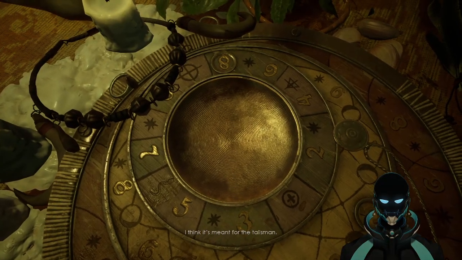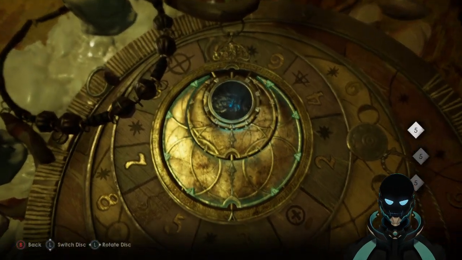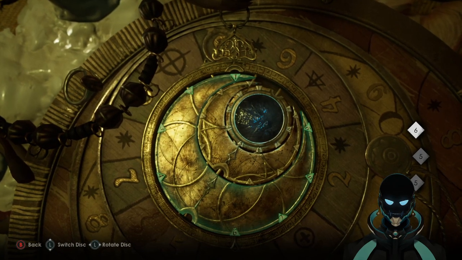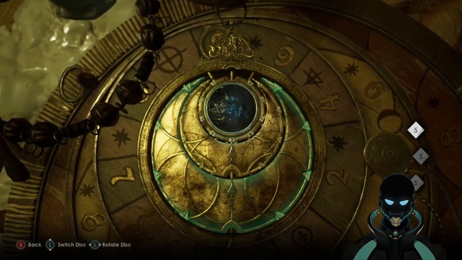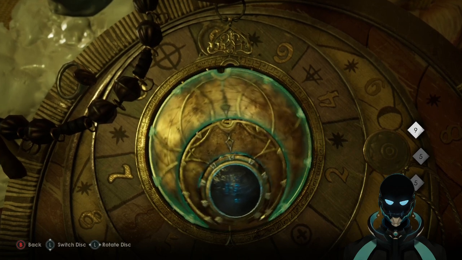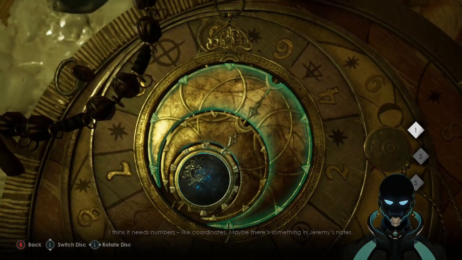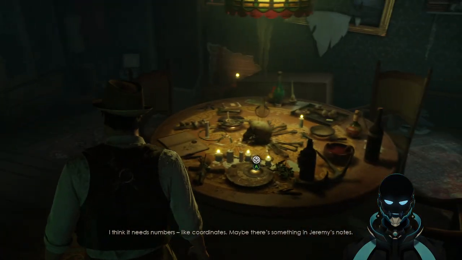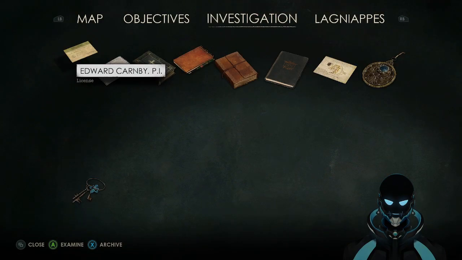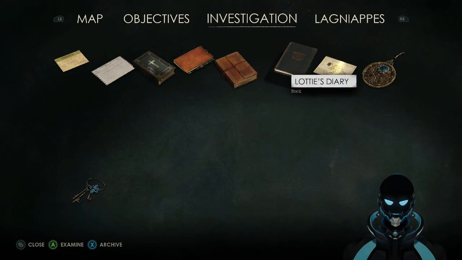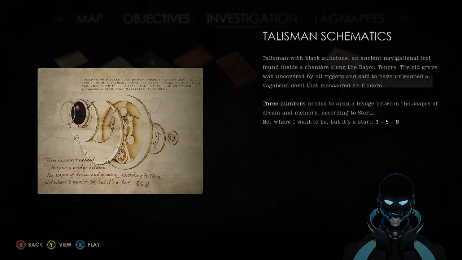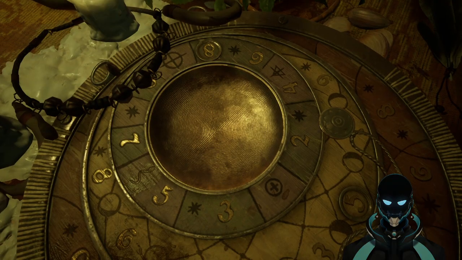I think it's meant for the talisman. I think it needs numbers, like coordinates. Maybe there's something in Jeremy's notes. Three, 5, 8.